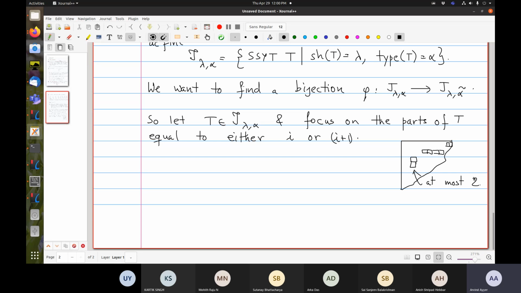This is because of the strict decrease condition. So what can happen? The only things that can happen is an i can be followed by i plus 1, or you can have just one of them, i or i plus 1, in another column, or you can have nothing. Right? Is that clear? So in any column, there are 3 possibilities.